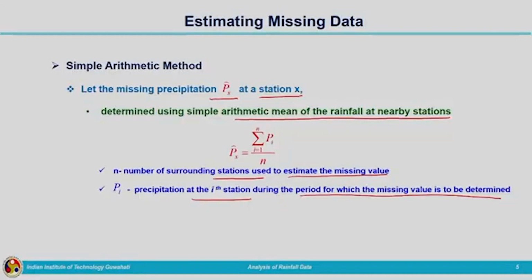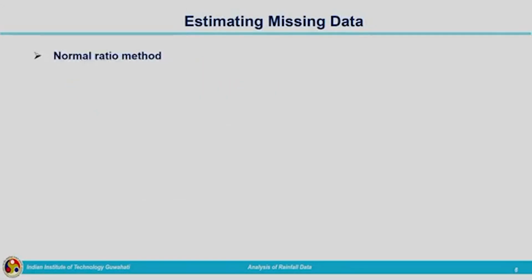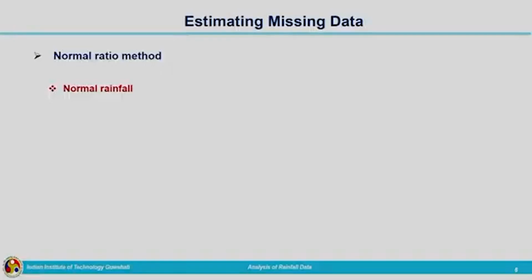Now, the second method is the normal ratio method. For this, we need to have an understanding of normal rainfall. Normal rainfall is a general term which we use in hydrology. We need to have an idea of what is meant by normal rainfall.